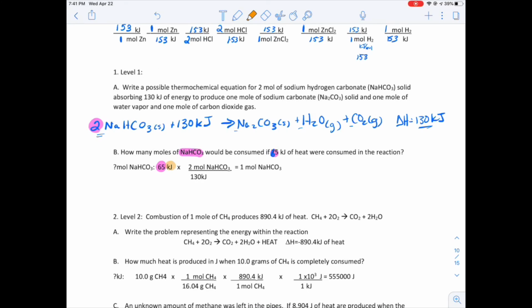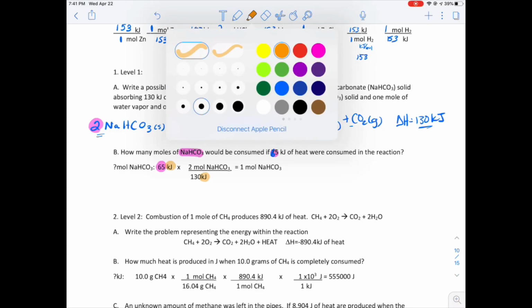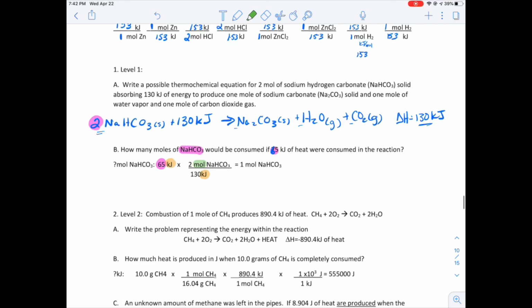With any time we have units, we need the kilojoules to cancel on the bottom. And now you know you can relate kilojoules to moles. The reason we have a 2 in front is because our reaction had a 2 in front. When you do this math, and you might be able to do it in your head, you're going to get 1 mole of NaHCO3. And look, that's how many we produced, was 1.